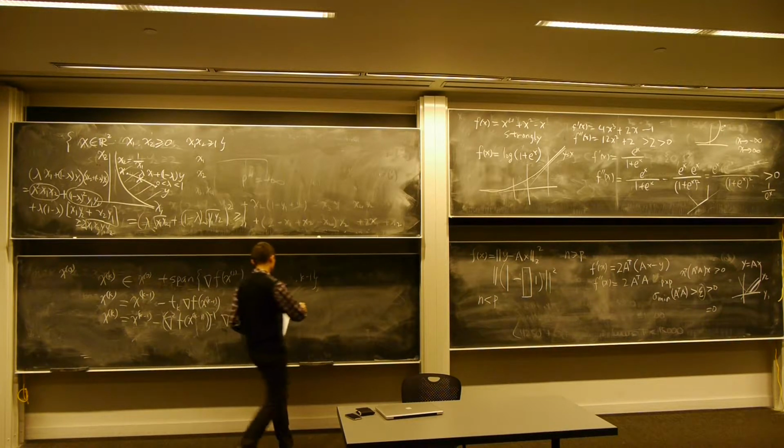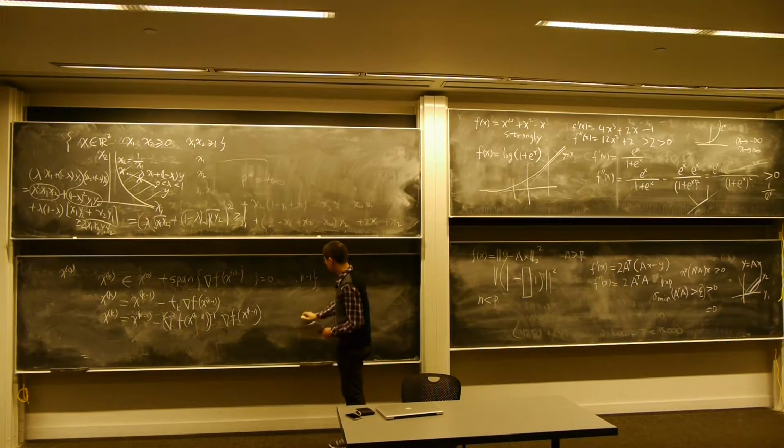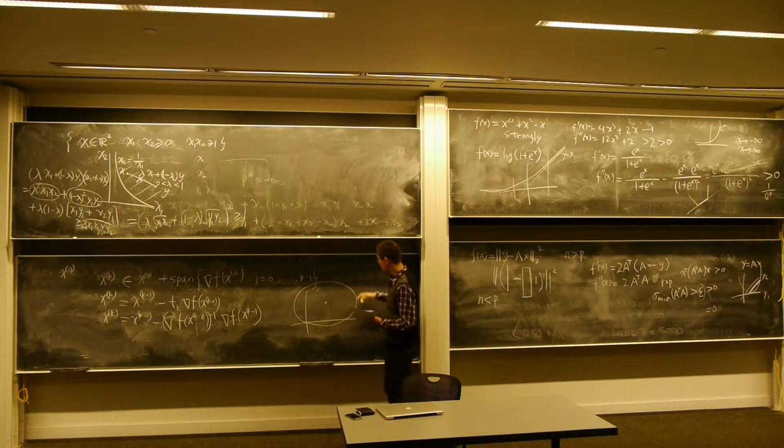For example, suppose this is a two-dimensional plane and your function is defined on R2. The level map of your quadratic function is like this. Maybe this is f equals 1, this is 2, and this point is f equals 0, which is what you want to find.